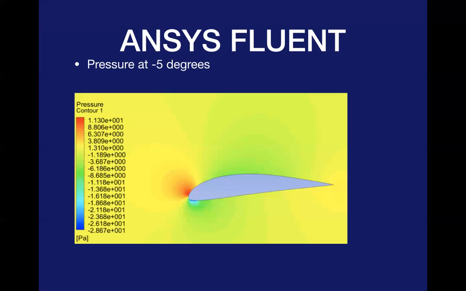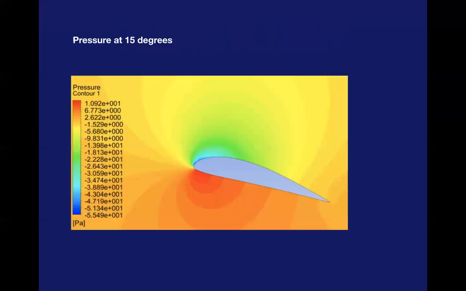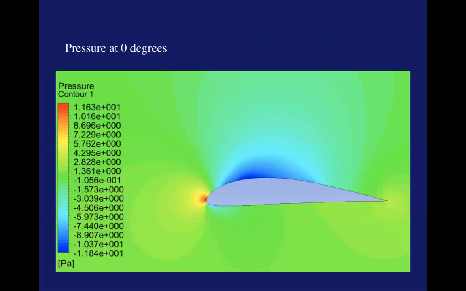So you can see the pressure at -5 degrees on an airfoil, how it's got a strong high pressure at the top and a little low pressure at the bottom. At 15 degrees, you can really see how much high pressure is on the bottom and low pressure on top. But at 0 degrees, you can see how it has a high pressure at the leading edge and then a low pressure on the back.